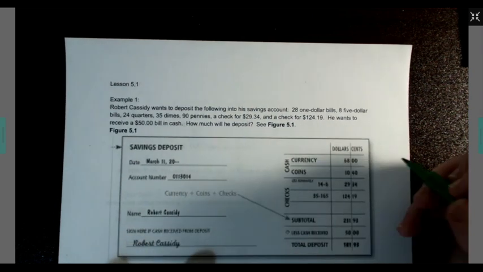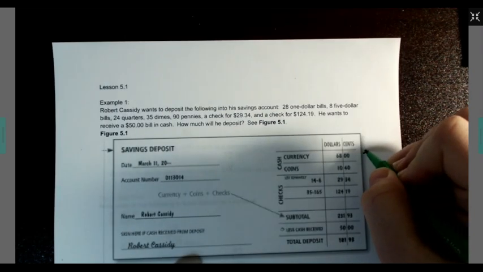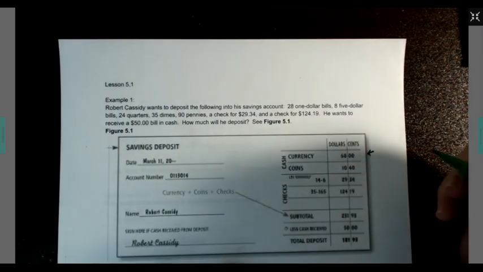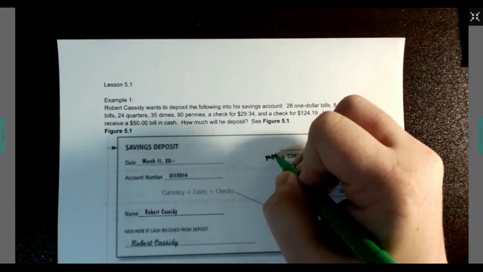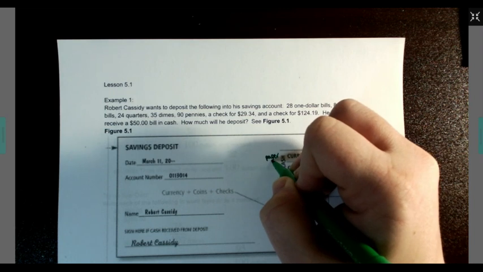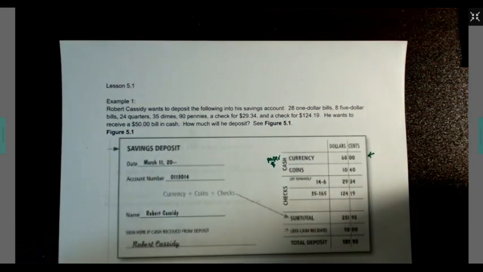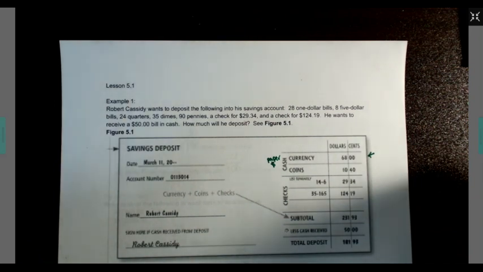All right, so let's talk about how they got their currency here. Currency, remember, is your paper money. So ones, fives, tens, 20s, and so on.